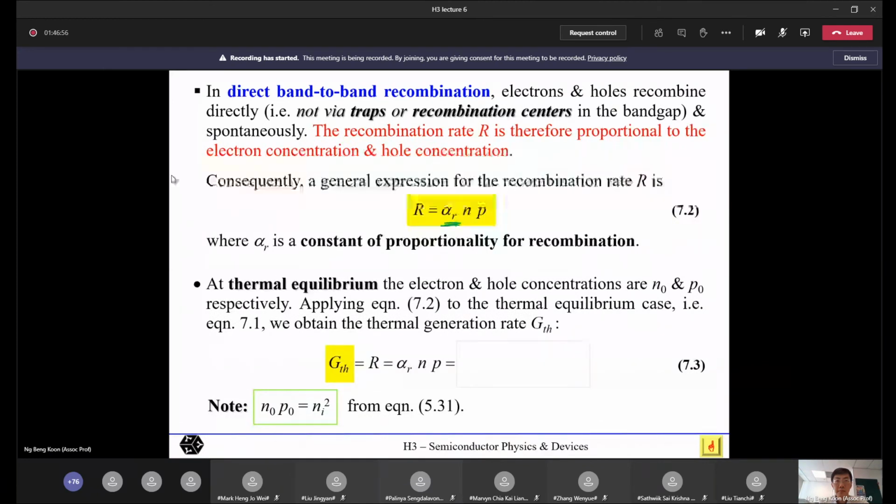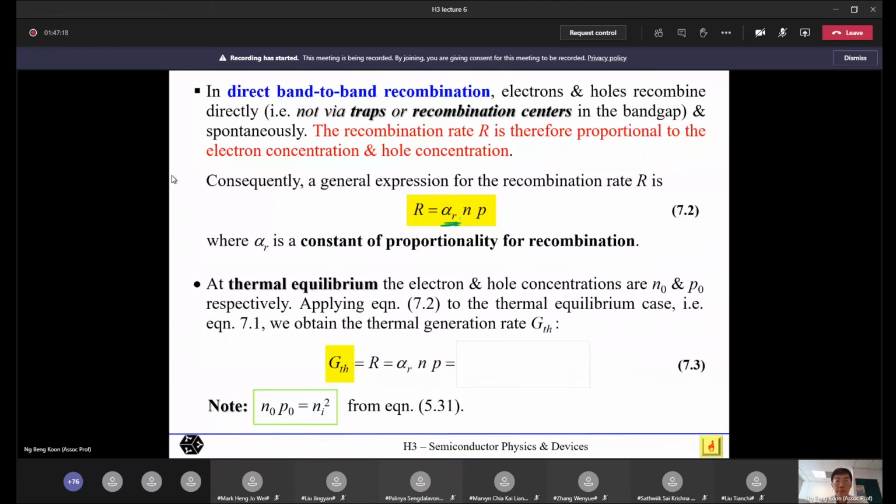Now, under thermal equilibrium condition, if your thermal generation rate is equal to the recombination rate, then we can write down this expression here, G_th equal to R, which is alpha_r n p. And because we are dealing with thermal equilibrium condition, the n and p here is essentially n naught and p naught.